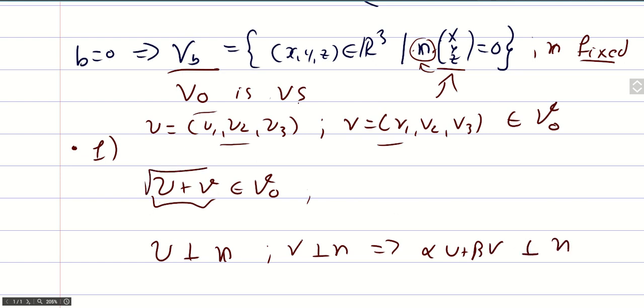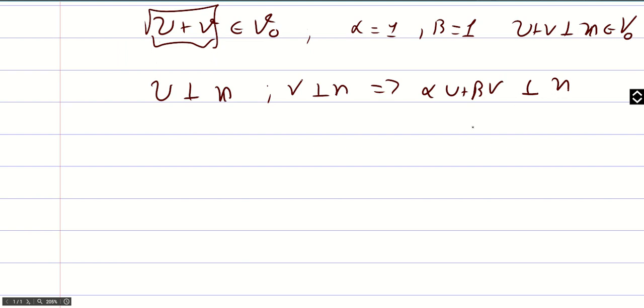And here u plus v is a linear combination with alpha equal to 1 and beta equal to 1. Therefore, u plus v is orthogonal to n and therefore is an element of V0. So the sum is closed. So the first axiom is satisfied.